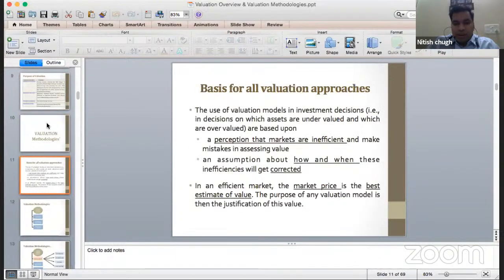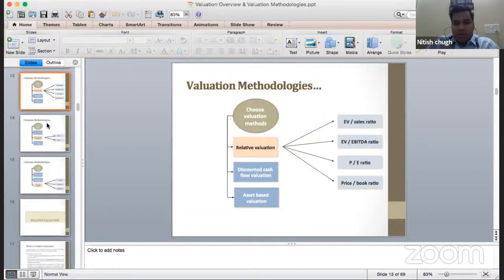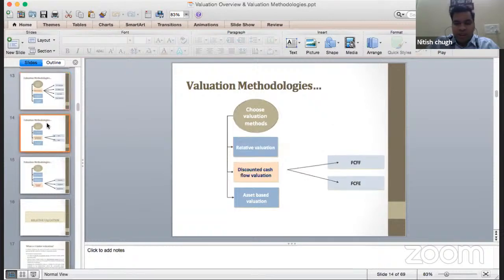Then again, we have gone through the premise of valuations and the basis for valuation approaches. That is the perception that the markets are inefficient. And then we have gone through the relative valuation techniques: EV to sales ratio, EV to EBITDA ratio, PE ratio, price book ratio, DCF method, FCFF and FCFE.